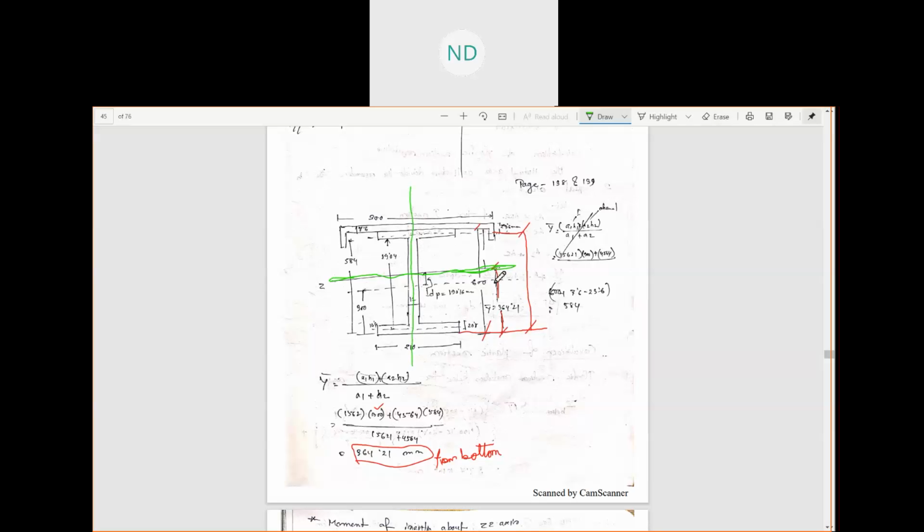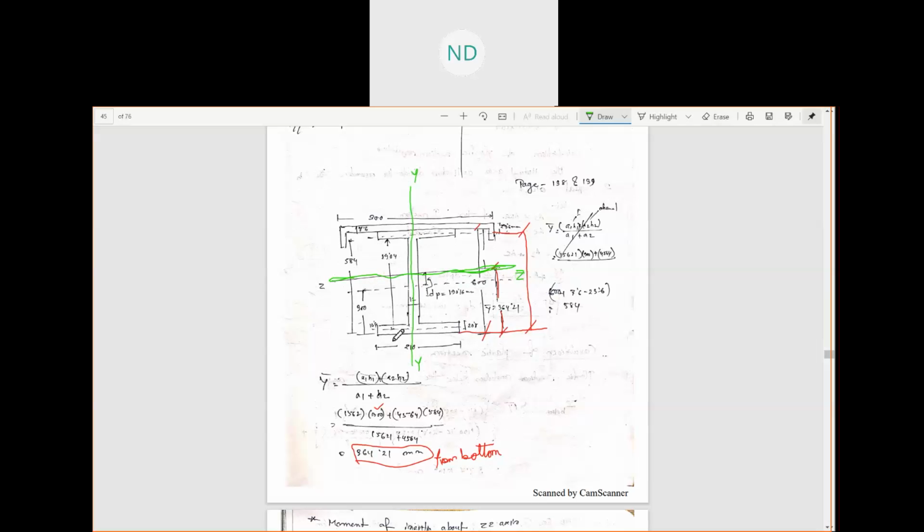This is your z-axis, this is your y-axis. We have to find the moment of inertia about the z-axis and the y-axis of the built-up member.